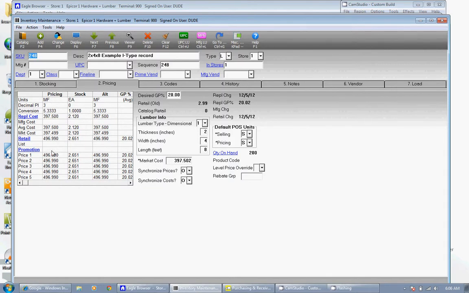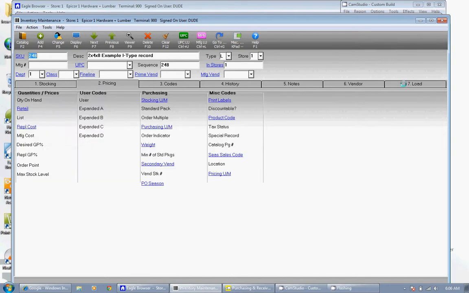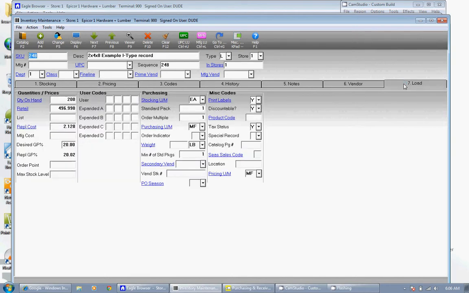It's kind of problematic. Two places primarily. First of all, anytime I'm looking at a retail price, I can't deal with that $496.99. I don't understand that when I'm trying to price lumber on a per stick basis. And similarly, that also shows up in IPC and other places where I'm trying to change the price.